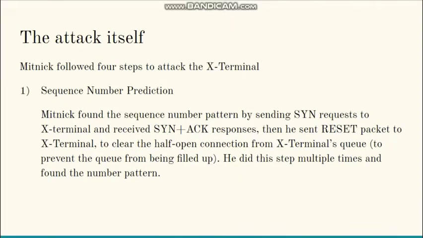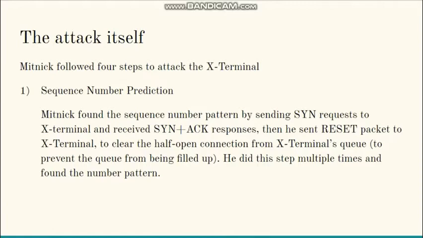Now, for more information about the attack itself, there were 4 steps followed to attack the X-terminal, the X-terminal being what Shimomura's computer is referred to as. First, he needed to find the sequence number prediction, and he found this by sending SYN requests to the X-terminal and receiving SYN and ACK responses.